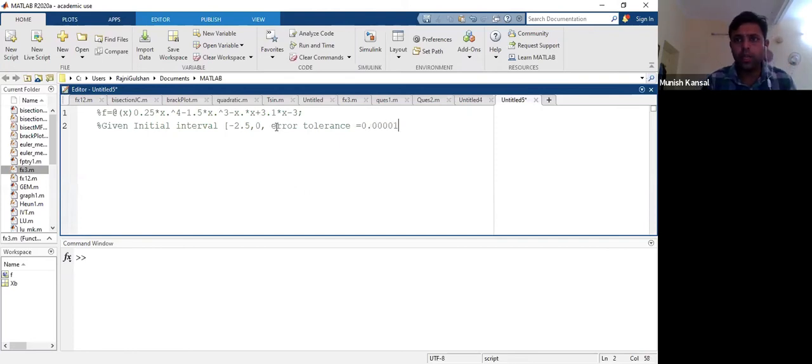So these are the initial conditions. You can verify this interval with the help of the fplot command, you can go with the Bragg plot, you can go with the simple fplot, right? So you can verify that there is a root between minus 2.5 and 0, and we are just going to find that root in this interval.